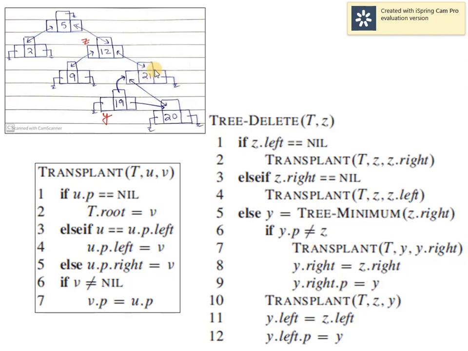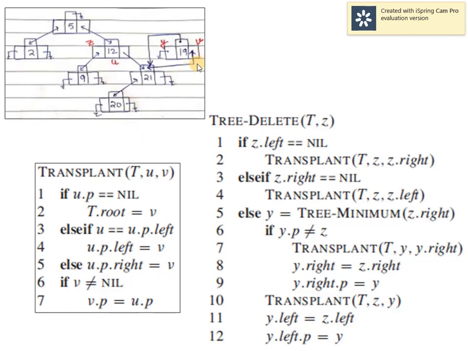That means y.right is 21 now. The parent of 21 is right now 12. After the execution of line number 9, the parent of 21 will be y only, that is node 19. So after the execution of lines 8 and 9, the structure changes to something like this. Now the right of y is pointing to 21, and the parent of 21 is pointing to 19.